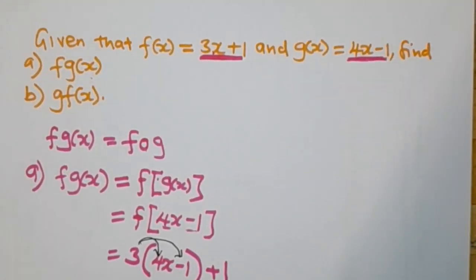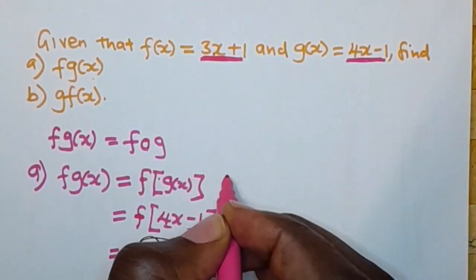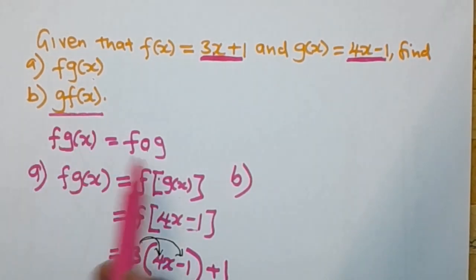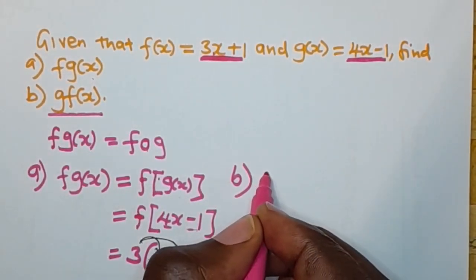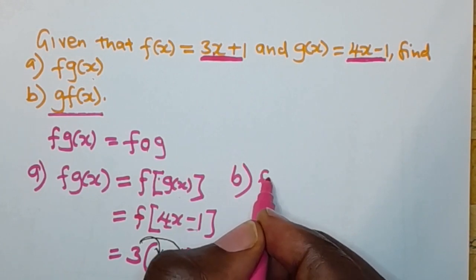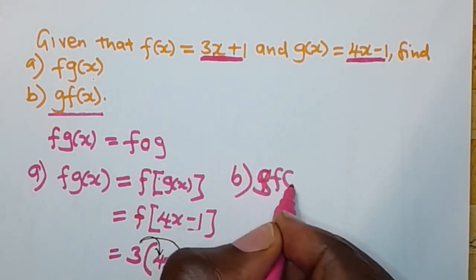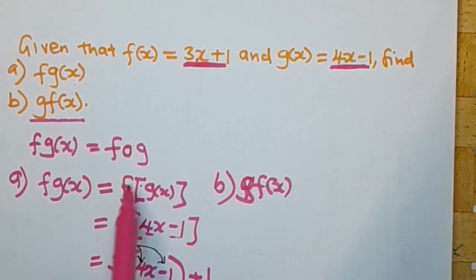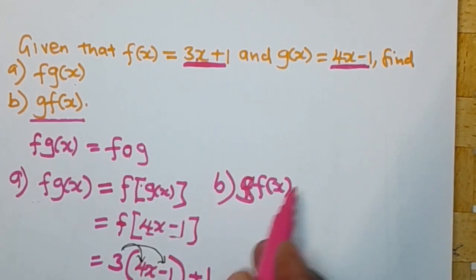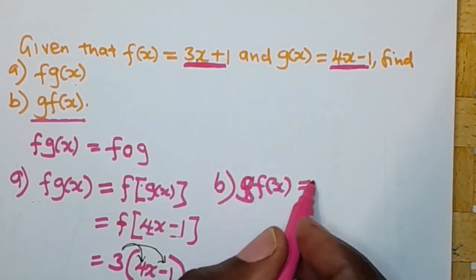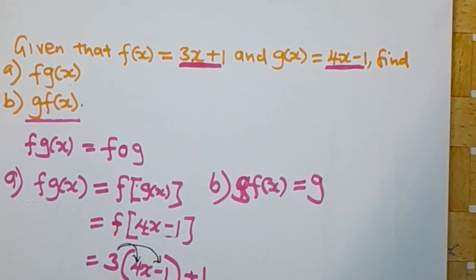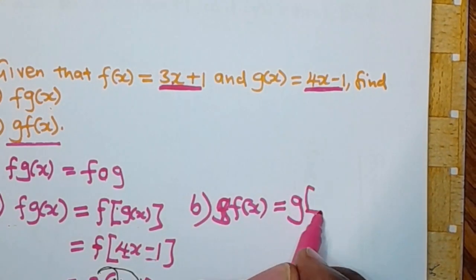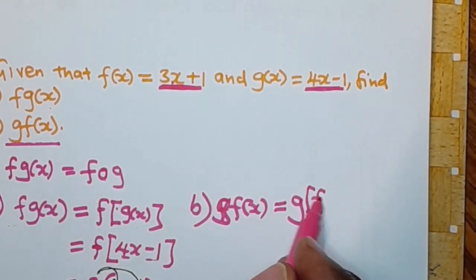Okay. Next, let's look at B. They want you to find the composition function of g of f of x. As I said earlier, here it means that you are going to have the function g, which is outside, then open brackets, f of x.